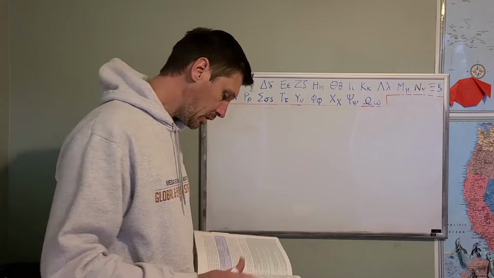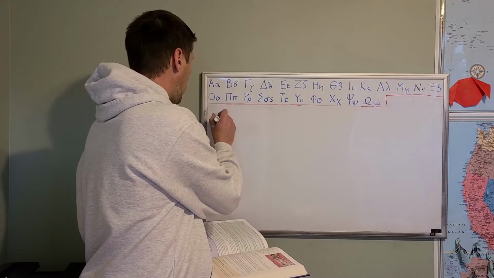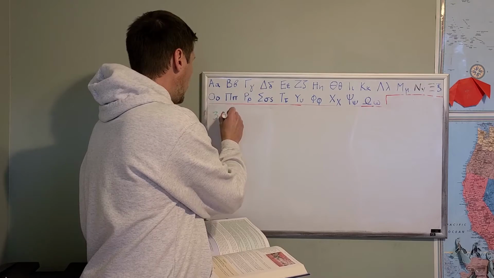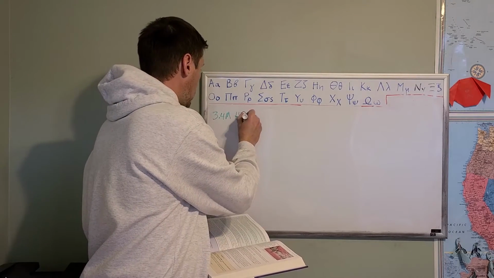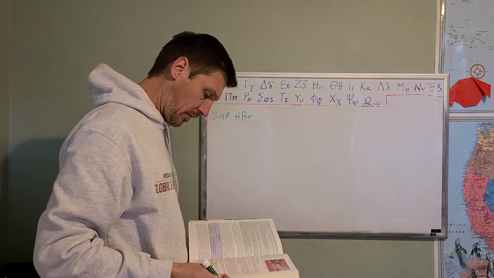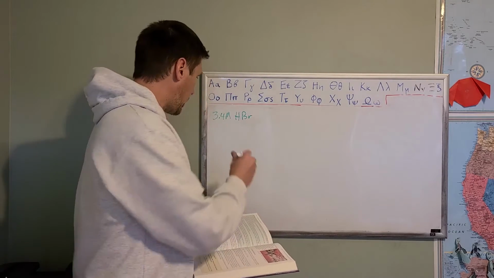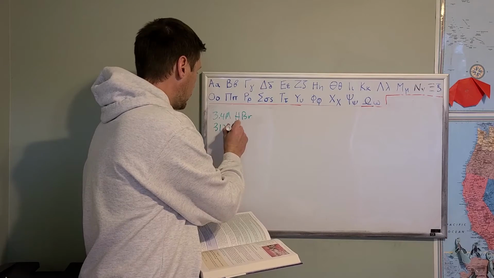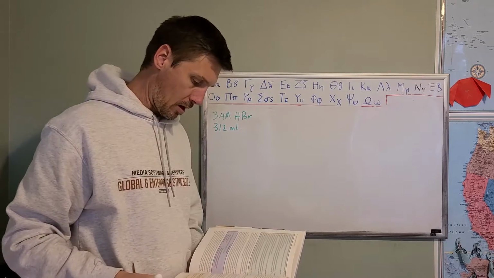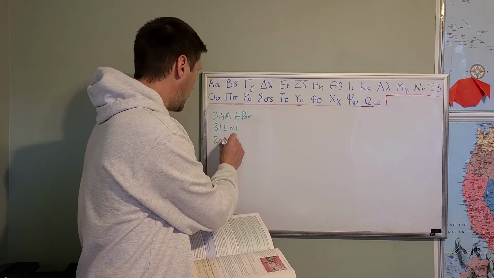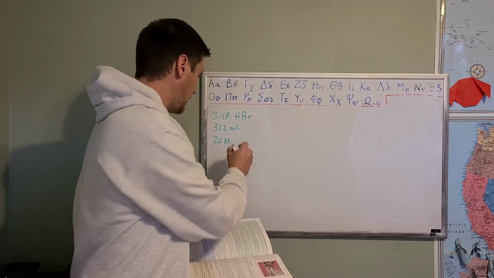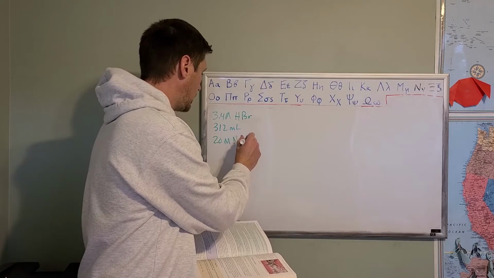Okay, so let's just write down what we know. 3.4 molarity solution of HBr, and we've got 312 milliliters of that solution. What volume of a 2.0 molarity solution of NaOH do we need?